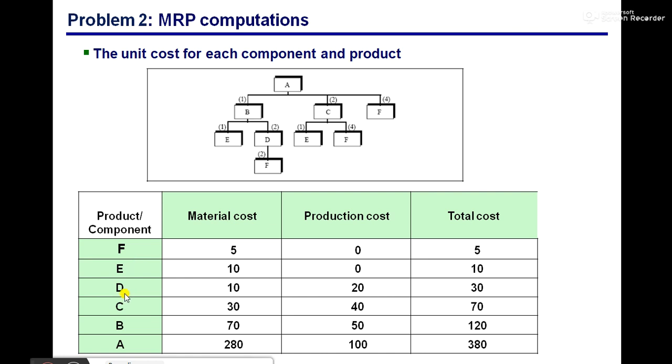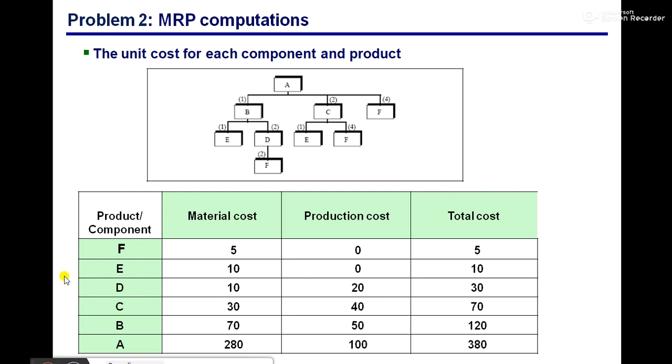For product G, however, the total cost is composed of material cost and production cost. The material cost accounts for the cost of purchasing 2 units of F, and the production cost is the same cost given in the table.